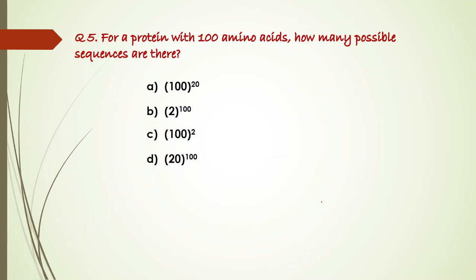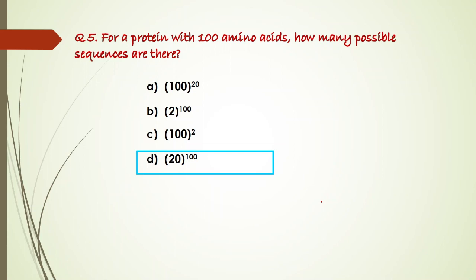This is just simple math. You have 20 essential amino acid residues that form the proteins in living systems. Out of these 20, you have to arrange them in a 100 amino acid sequence.